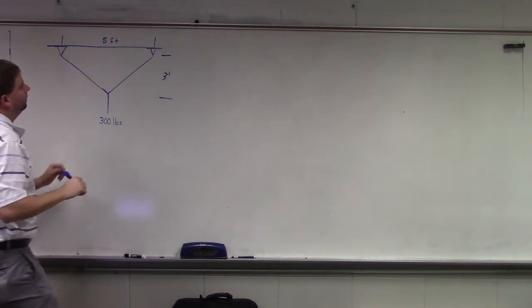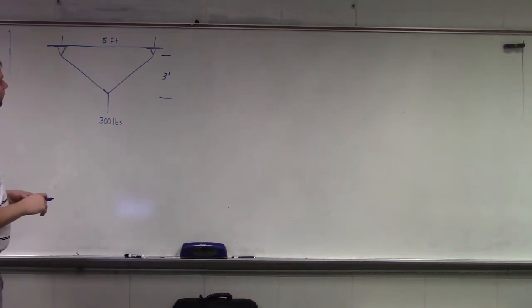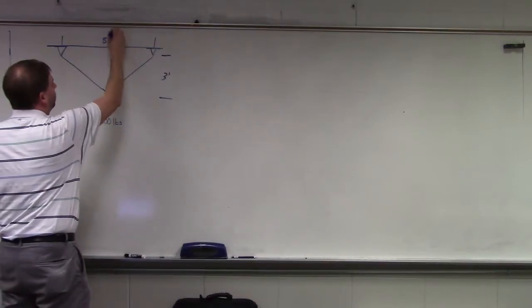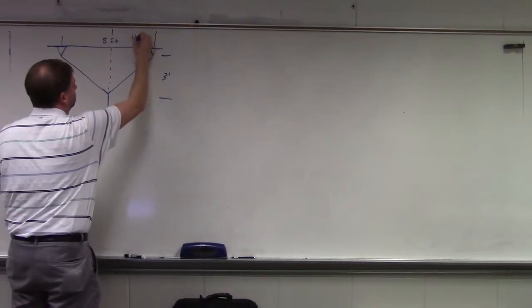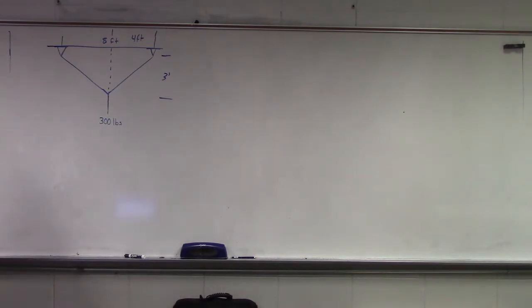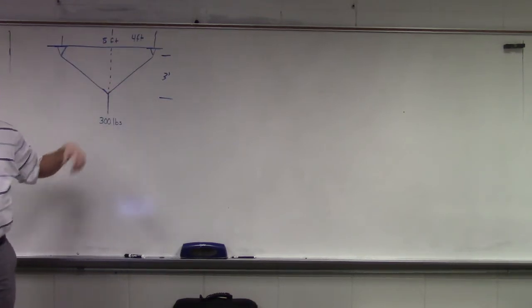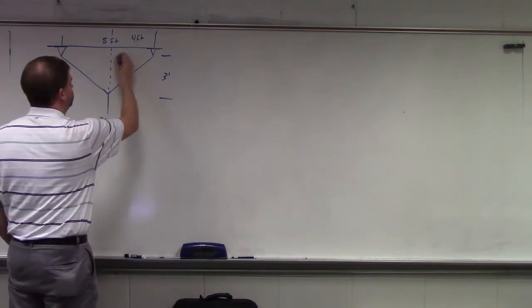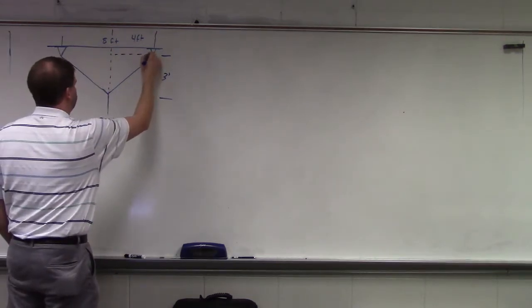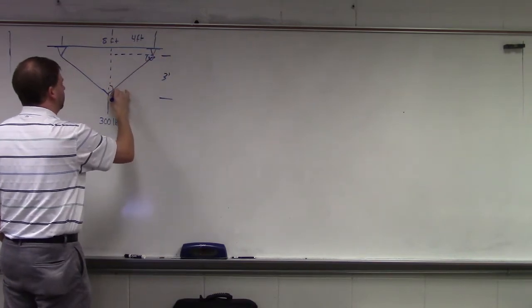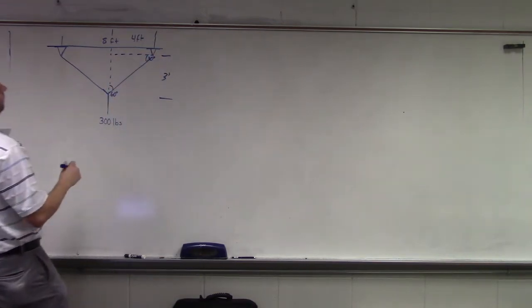This will make our solution a little bit easier. Okay? So if we mark this down, what is this distance going to be? 4 feet, right? We talked about the 3, 4, 5 triangle last week. What do we remember about the angles in a 3, 4, 5 triangle? We're going to have a 30, 60, 90 triangle, right? So down in this angle, we'll have our 30 degrees, and up here we'll have our 60 degrees.